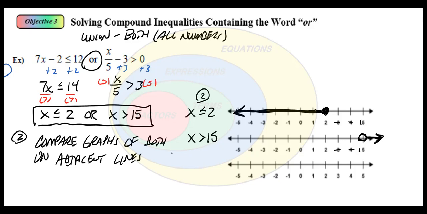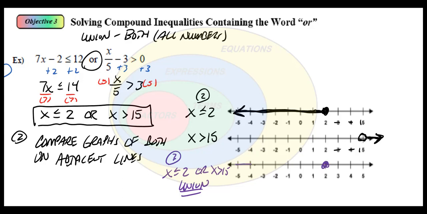So now our comparison for step 3 is we want x less than or equal to 2 or x greater than 15. And this is a union of both. And so what we're going to do is graph both number lines. So we want everything in the first one, x less than or equal to 2.